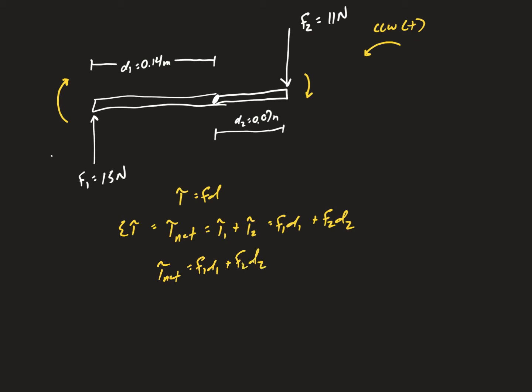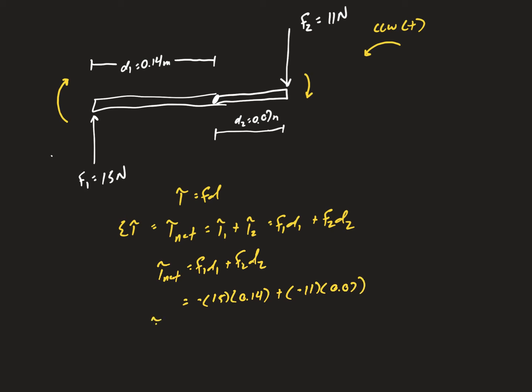So if I take a look at this, both of these are going to provide a negative torque, right? Or a clockwise torque. And so how we're going to set that up is like this. It's going to be negative 15 newtons, that's the force 1, times D1, 0.14, plus the negative F2, which is 11, times its distance, which is 0.07 meters.